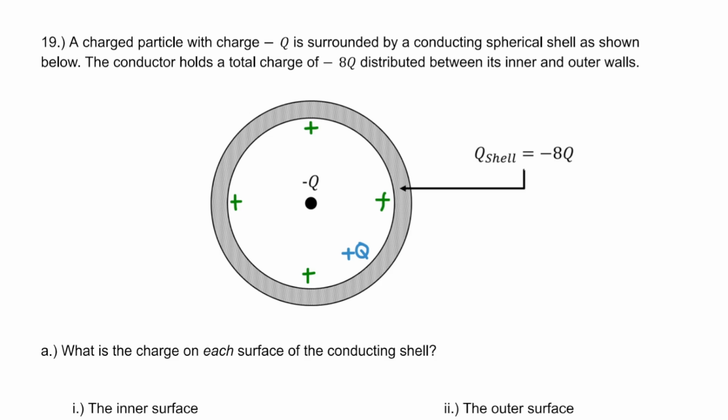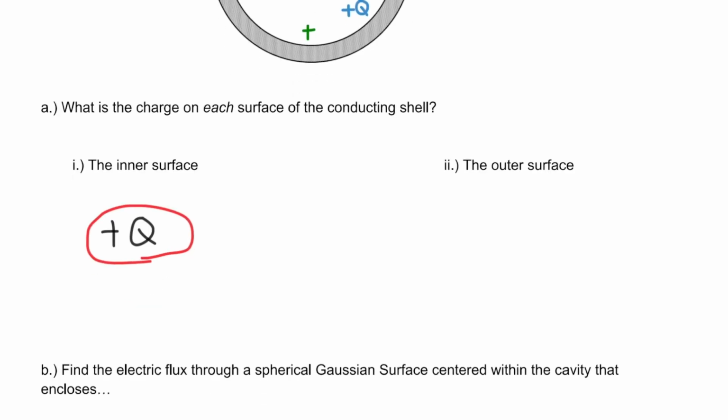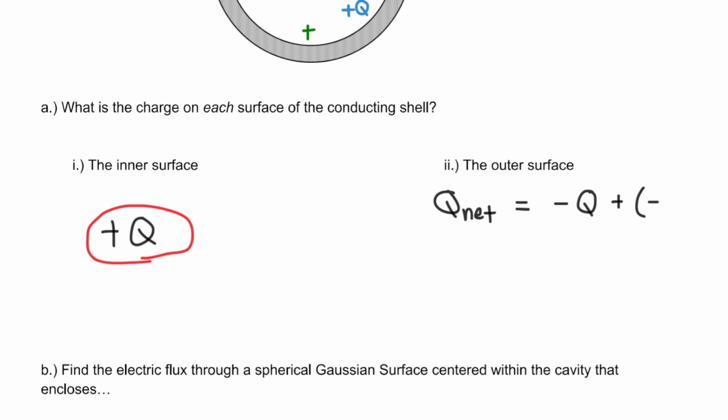So that must mean that the outer surface holds the system's net charge. So it is always true that the outer surface holds the net charge of the system. And the net charge of the system would be the minus q that's held inside the cavity, plus the minus 8q that's held in the shell. So that would be minus 9q.